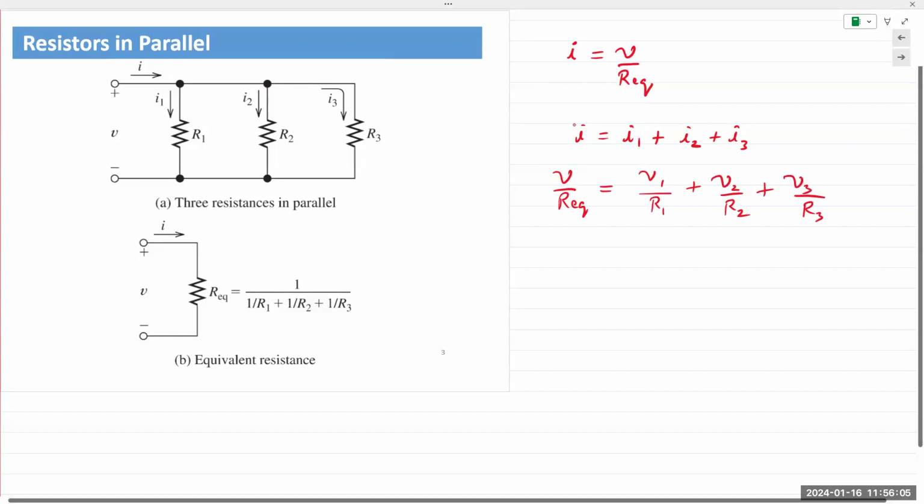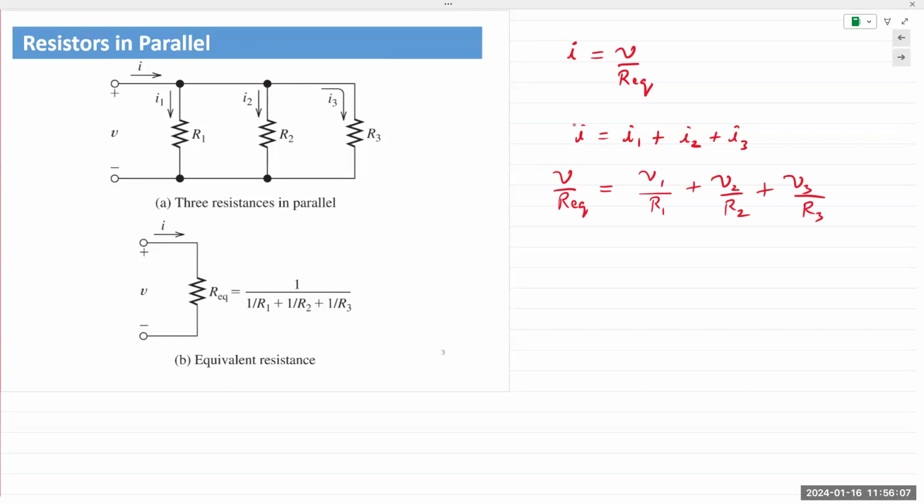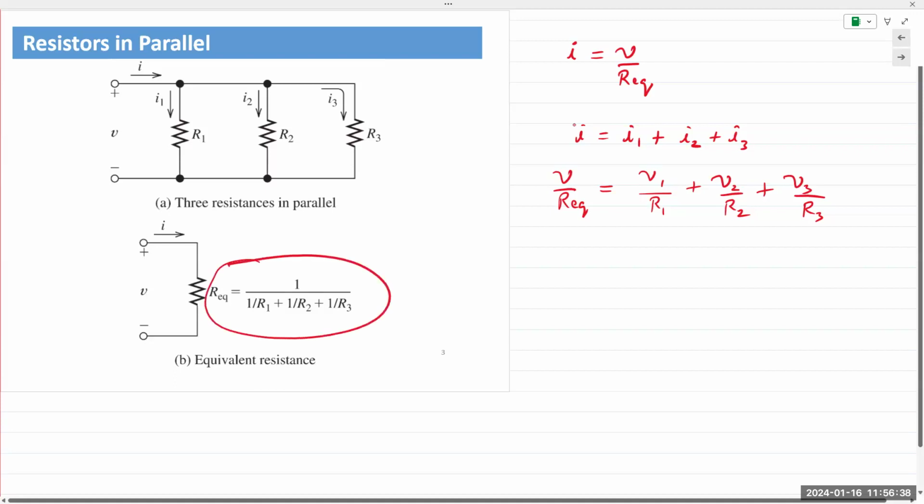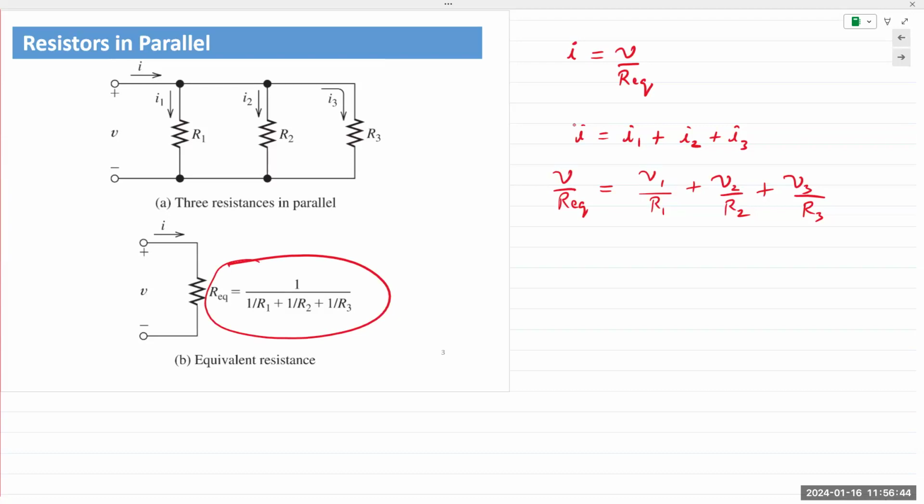You solve this equation and you would get 1 over Req is equal to 1 over R1 plus 1 over R2 plus 1 over R3. Because it's a parallel connection, voltage V1, V2, and V3 for all the three resistors is voltage V. Parallel connection, voltage remains the same, right? So V cancels out. All you're left with is the resistance, and hence Req is the reciprocal of the sum of all the reciprocals.